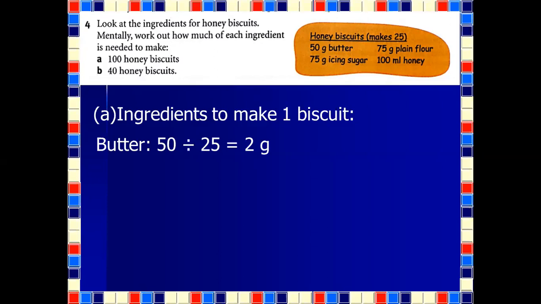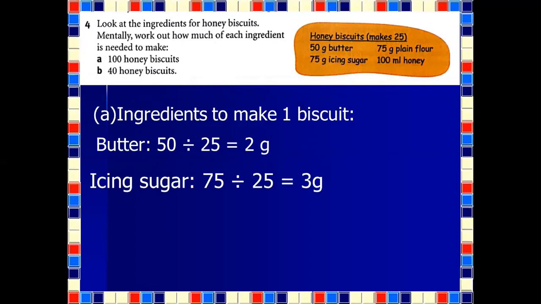Okay. Now, 50 divided by 25, it will become what? 2. So we need 2 grams of butter. Now I want to find sugar. What's the amount of sugar? 75 to make 25, so I will divide by 25, which is 3.